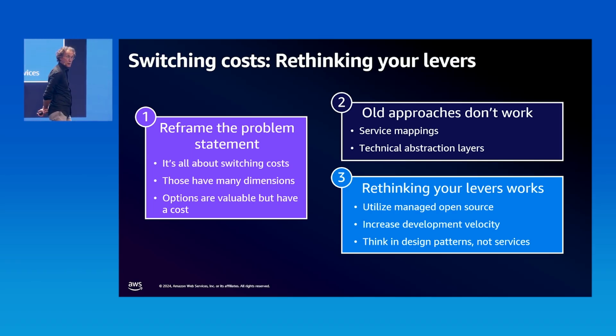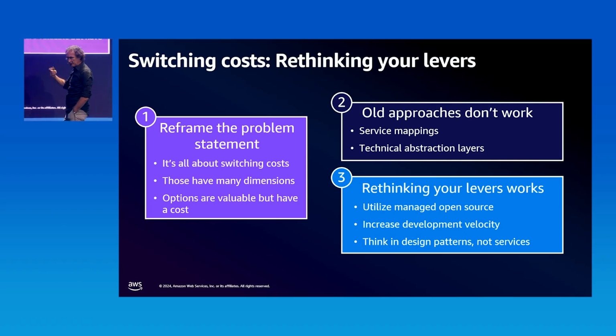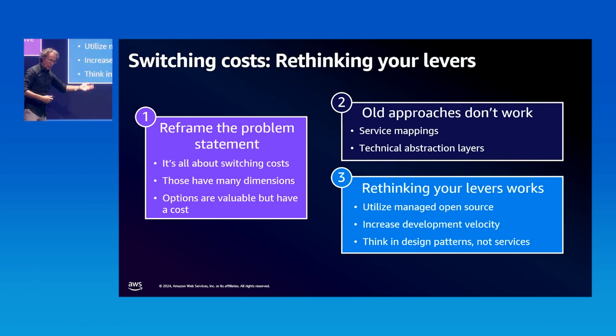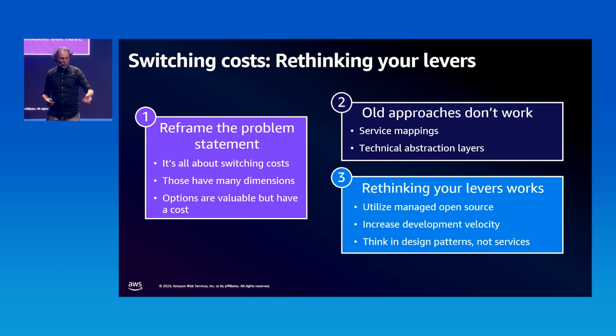Then we saw 3 methods that actually do work. Open source is an easy one, right? Managed open source, you get low switching costs, but you also get high utility. We broadened the horizon and said this is not just about the services you pick, this is also very much about how you work. And last, we saw thinking in patterns and design intent, not just services, also helps you reduce the switching cost.